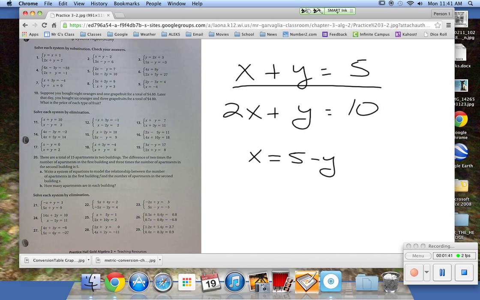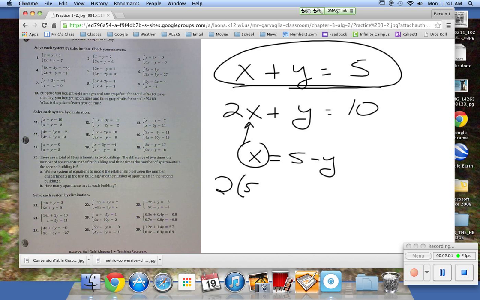All right, the next thing we do is we take this, we solve for x on this equation. Now we're going to take this x and plug it in for the x right there. How do I get x like this? I subtracted y from both sides. Okay? So I can come up with 2 times 5 minus y plus y equals 10.